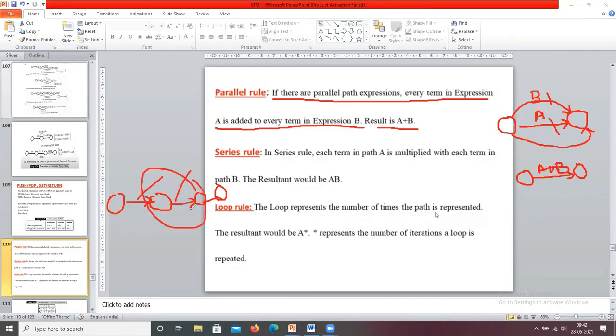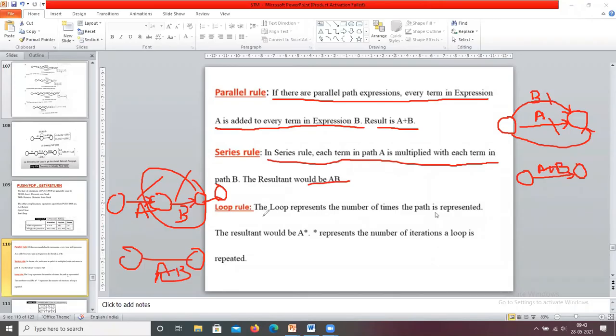Now we combine this. For example, A, B, then it looks like this: A B. That we call the series rule. In the series rule, each term in path A is multiplied with each term in path B. The resultant would be AB.